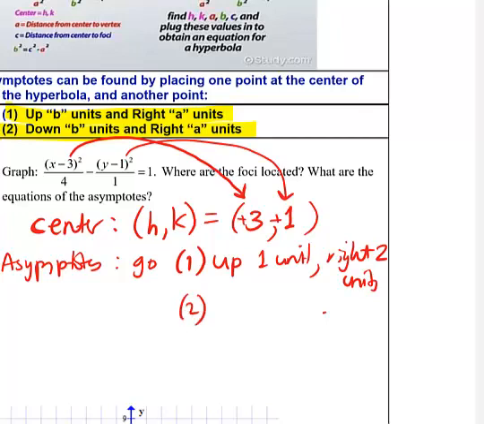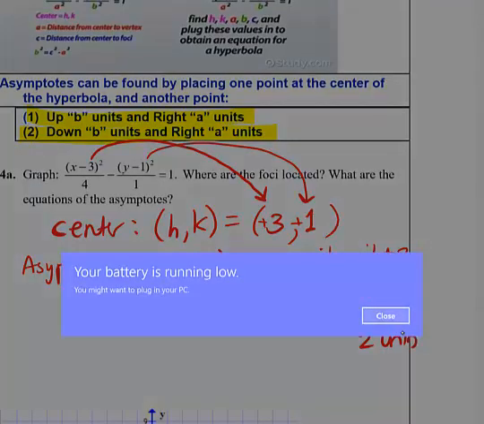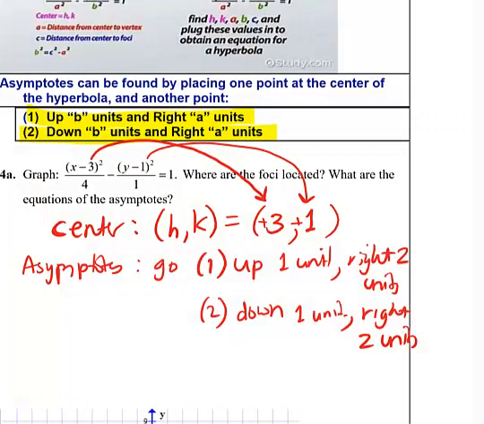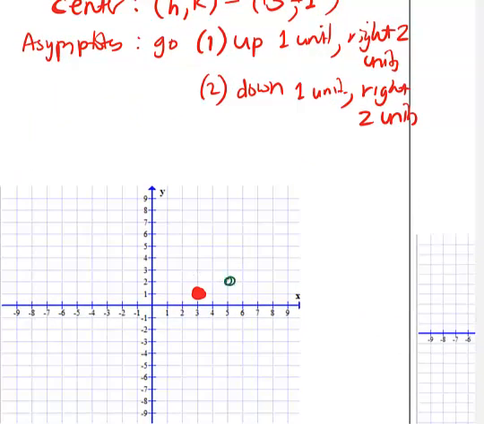The other one I'm supposed to go down b units, down 1 unit, and right a units, which is 2. Let's try that. So from the center, if I go up 1 unit and then right 2 units, that's going to land me right here.